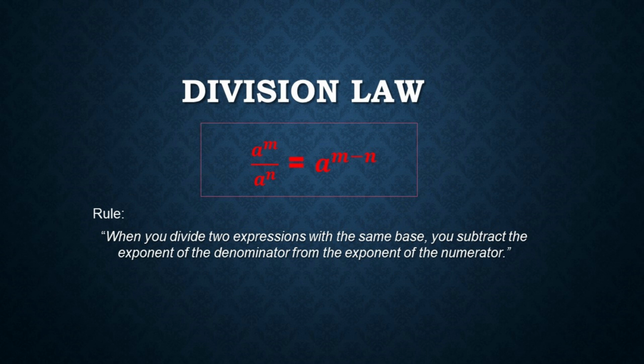The rule states that, when you divide two expressions with the same base, you subtract the exponent of the denominator from the exponent of the numerator. It is mathematically expressed as a raised to m over a raised to n is equal to a raised to m minus n, where a is the common base, m is the exponent of the numerator, and n is the exponent of the denominator.